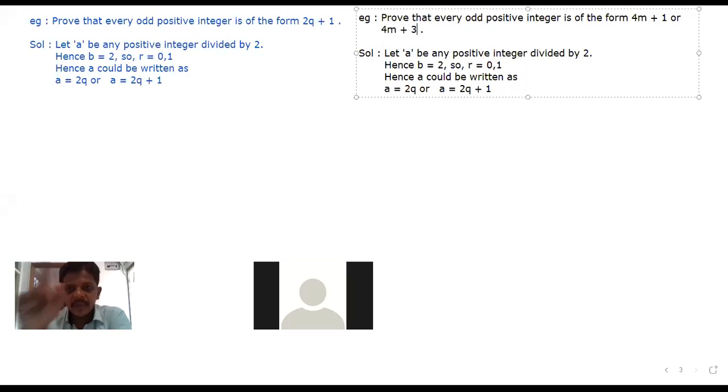Now in the second example, what are they asking about? We want to prove about the odd positive integers. Which are the odd positive integers? 1, 3, 5, 7, 9 and so on. Correct?